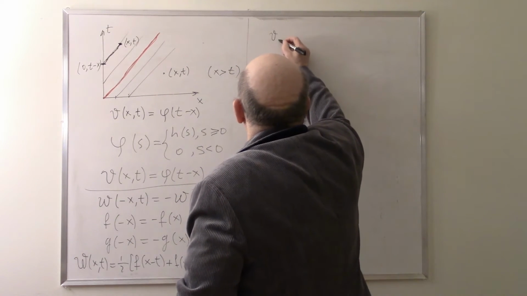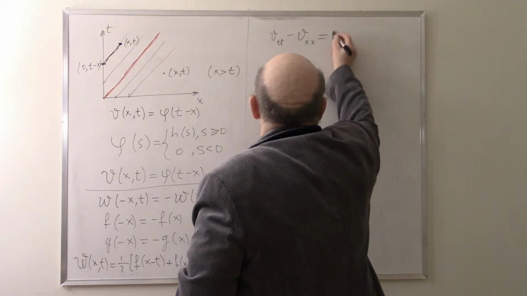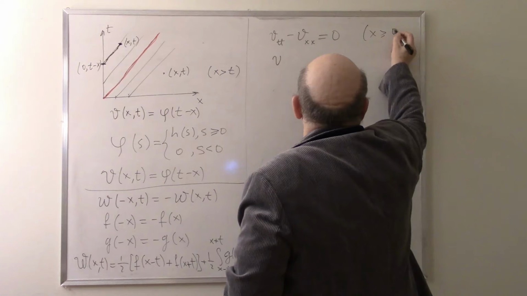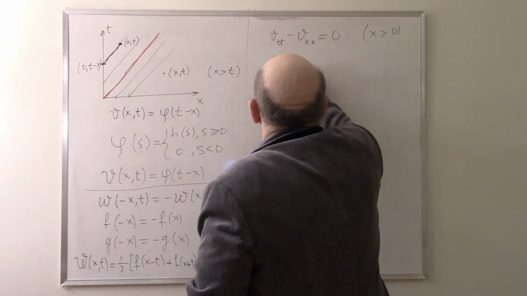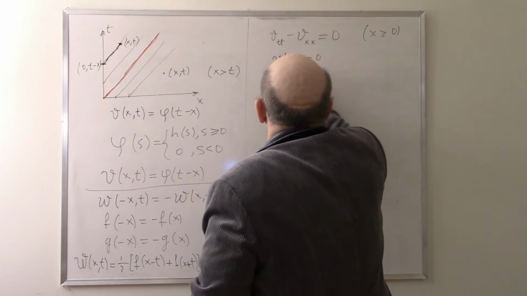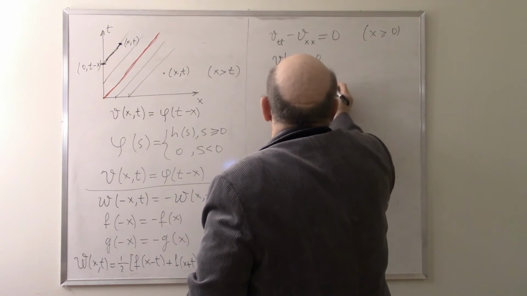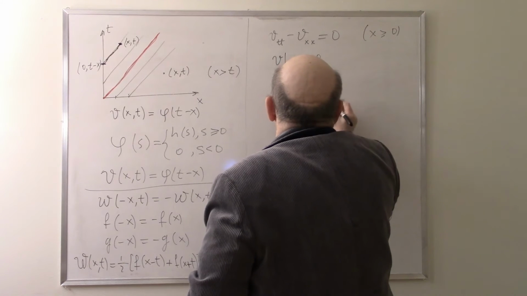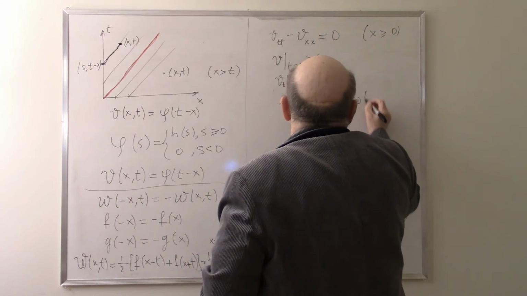So v_t minus v_x equals 0, x positive, v for t equals 0 equals 0, v_t for t equals 0 equals 0, and v for x equals 0 equals sine omega t.